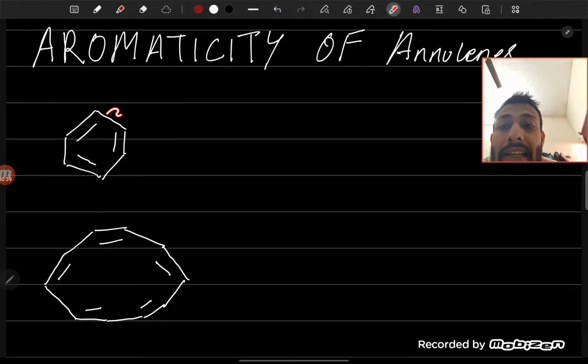It has conjugated pi bonds, and the electrons of these pi bonds can circulate in a single plane, which makes the benzene ring more stable towards reaction, and also makes this compound aromatic. I hope I have made myself clear.